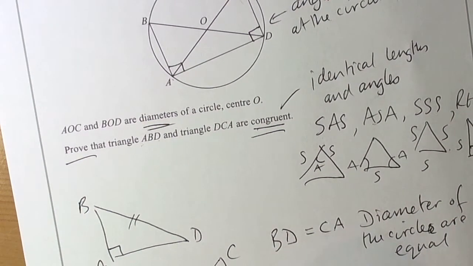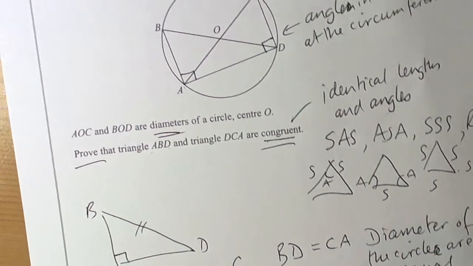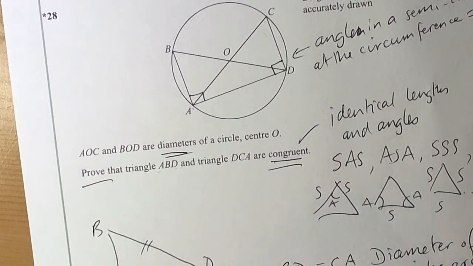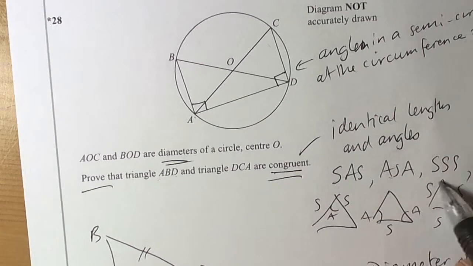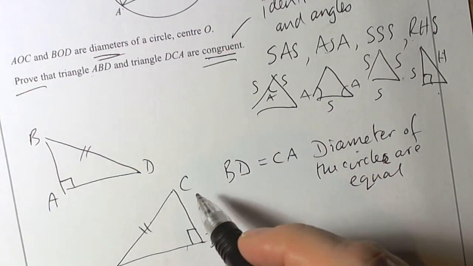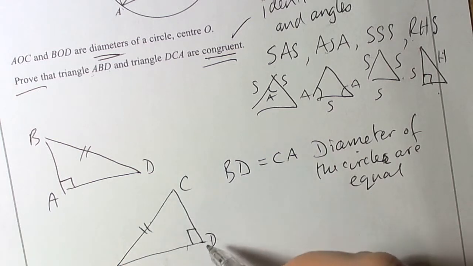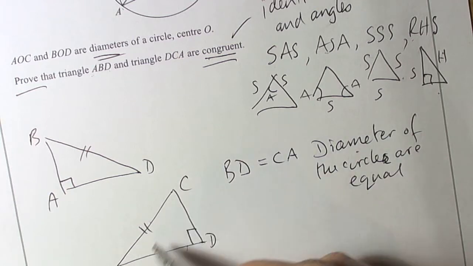So we've got a right angle, we've got a side, and it happens to be the hypotenuse. So if we can prove that one of the other side lengths is the same, then we could use the RHS approach. We've got an angle, and we could try and prove that some of the other angles are the same, and then we could work with side angle side or angle side angle.